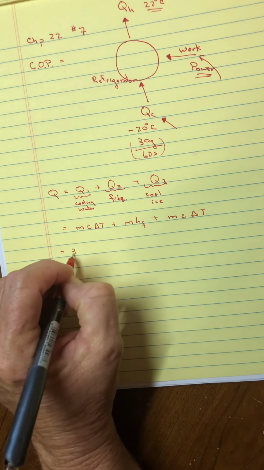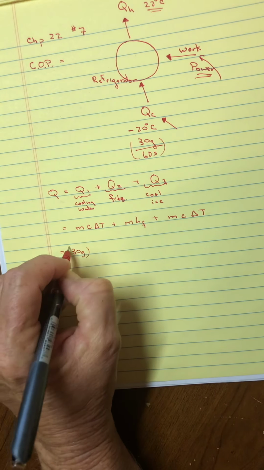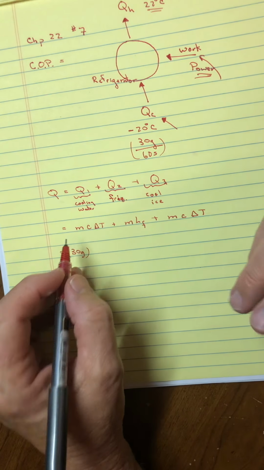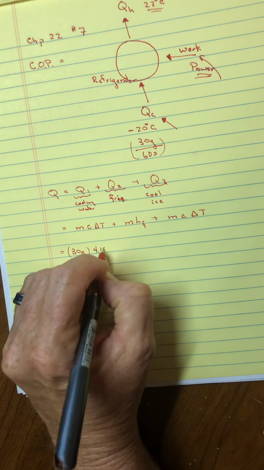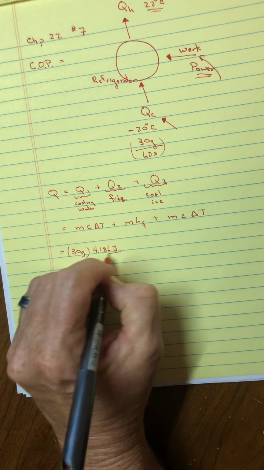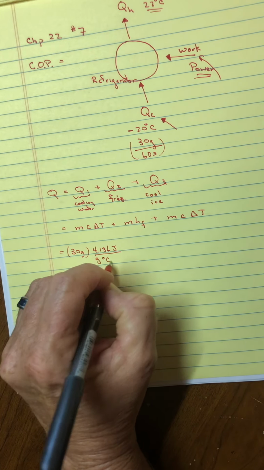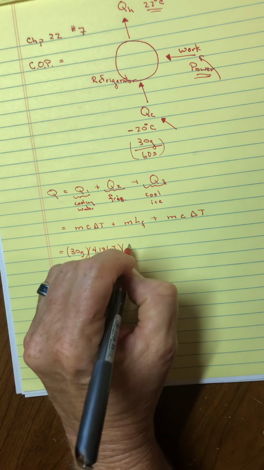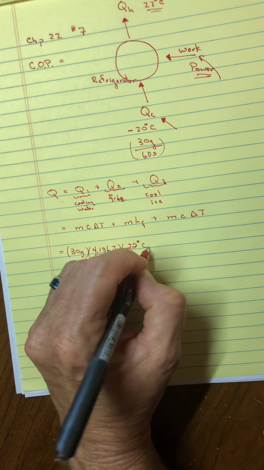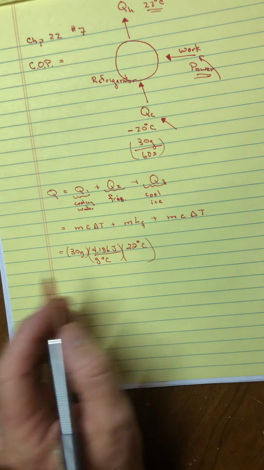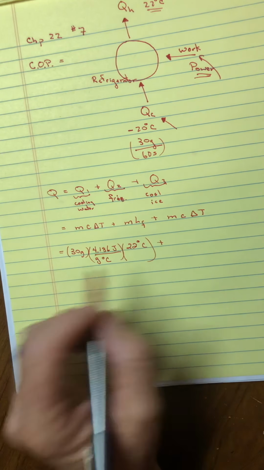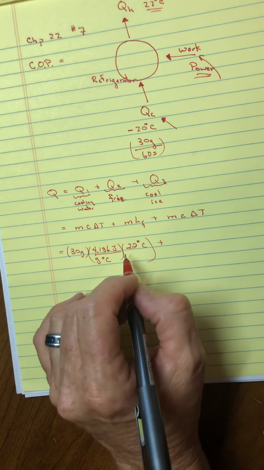Okay, so let me put in some numbers here. Here's our 30 grams, starting with water. And there is 4.186 joules for every gram for each degree it cools down. And it's going to cool down 22 degrees. It's going to start at the 22 and eventually get to 0. Of course, it's going to cool even more than that later, but it's not water anymore.